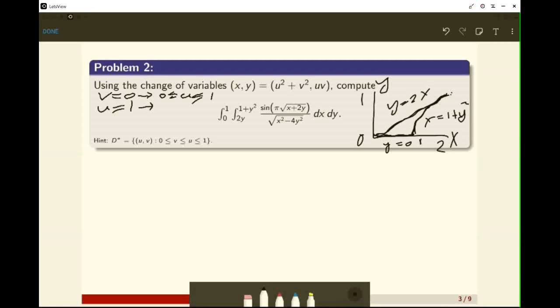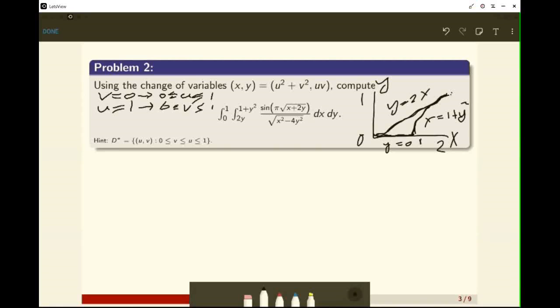There you want y to range from 0 to 1, and so v would be ranging from 0 to 1, describing that piece of curve.